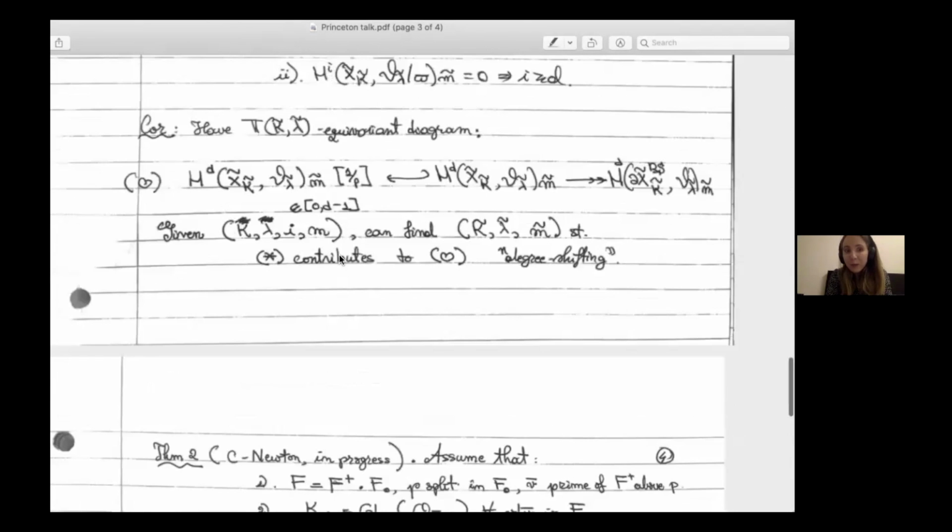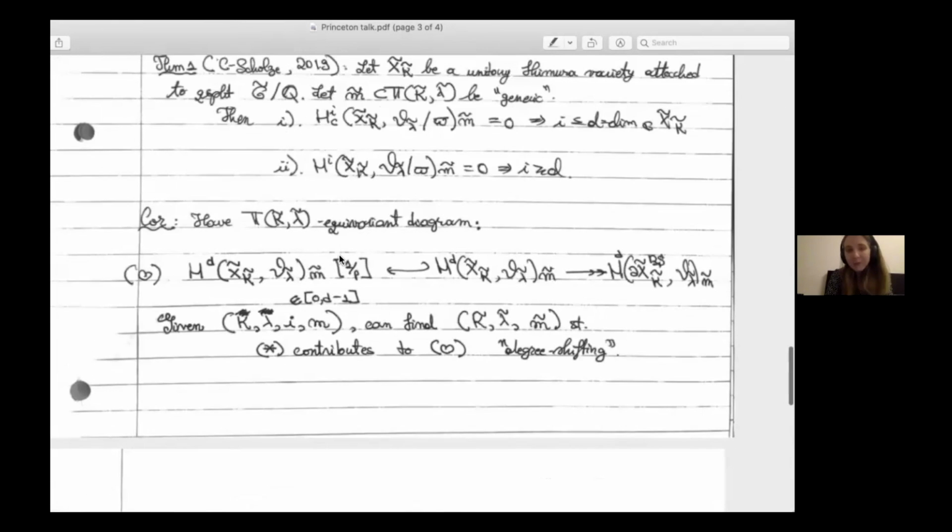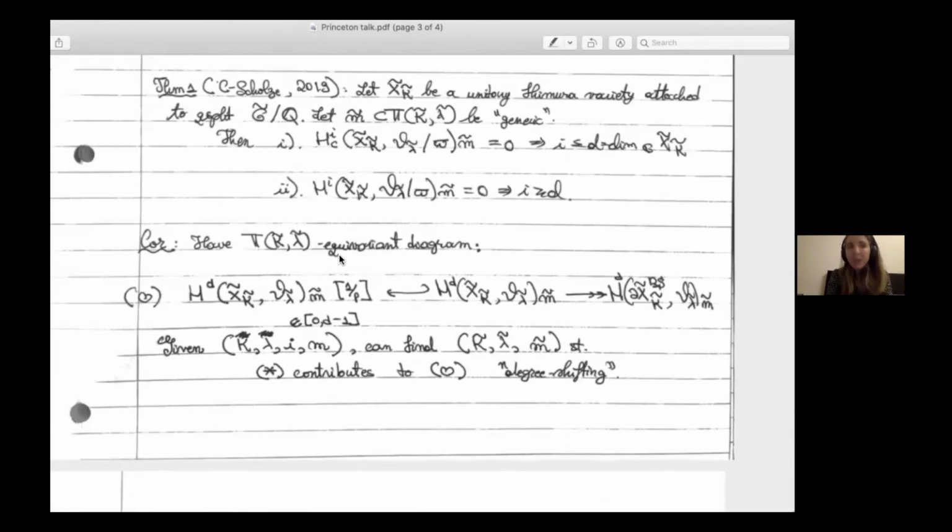So this would be for some arbitrary weight lambda. But even beyond that, there is a result for definite unitary groups that is due to Barnet-Lamb, Gee, Geraghty, and Taylor that maybe is not clear how to prove in this setting.